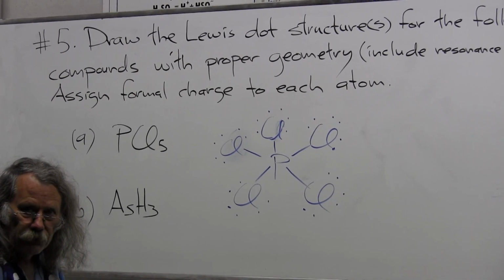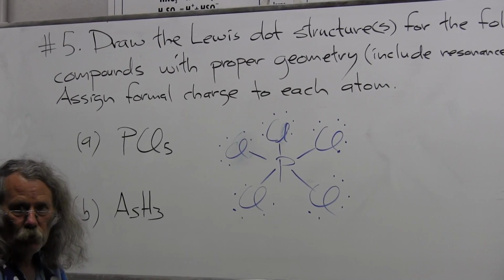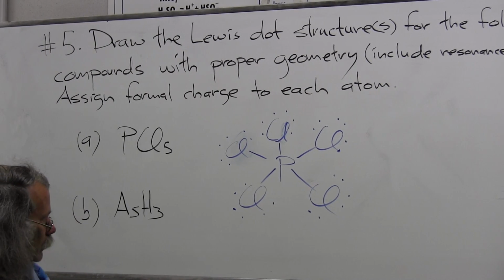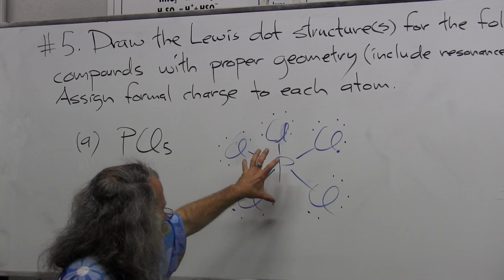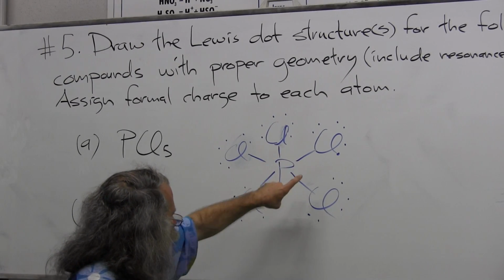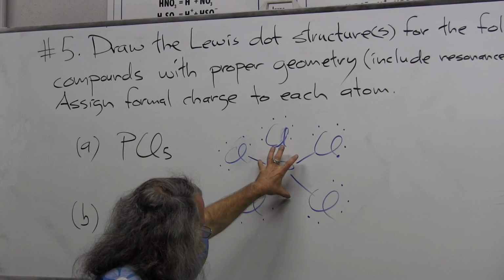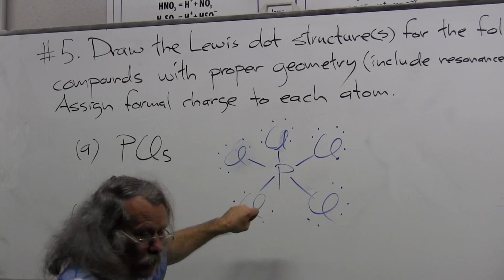They are large enough to accommodate more than 8 electrons in their bonding shell. And so we have an expanded octet. We've satisfied the octet rule here. This is not a violation.